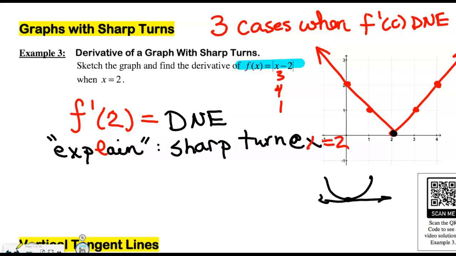So on an AP exam, it might say, find the places at which the derivative does not exist, explain. And we would say, well, it doesn't exist at x equals 2 because of the sharp turn. Another word for this is called a cusp. AP accepts both of them. Okay, so they accept both for an explanation.